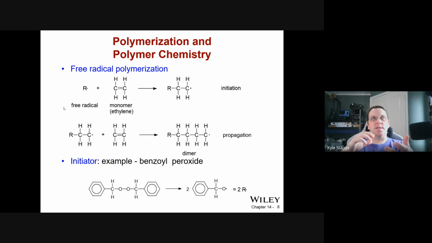And what that does is, as a free radical comes in and interacts with the monomer, it immediately sets up a chain where that first group now can react, so that first ethylene gets turned into a new species. So it has some R group. We don't have a specific name for this because it depends on what the R group is.